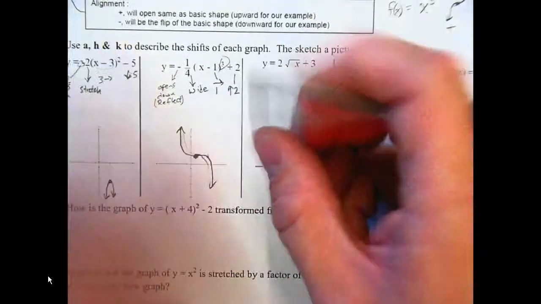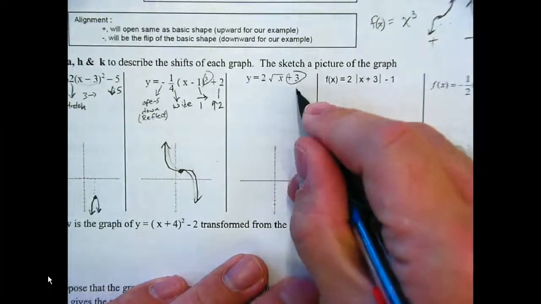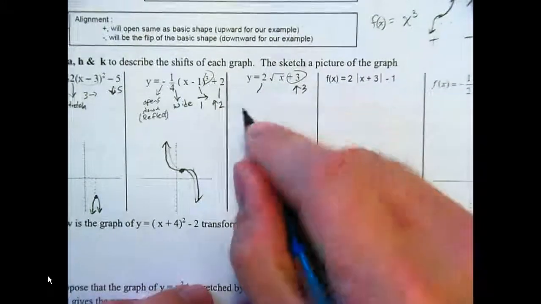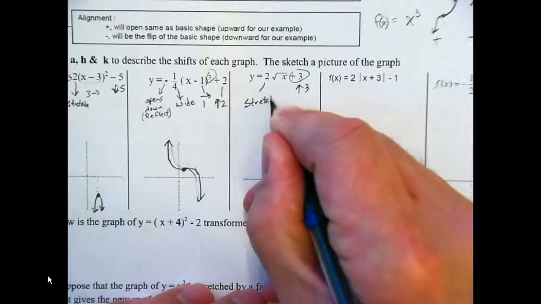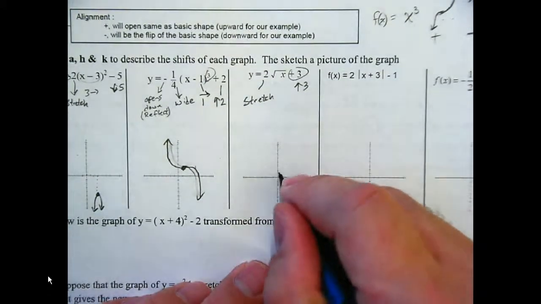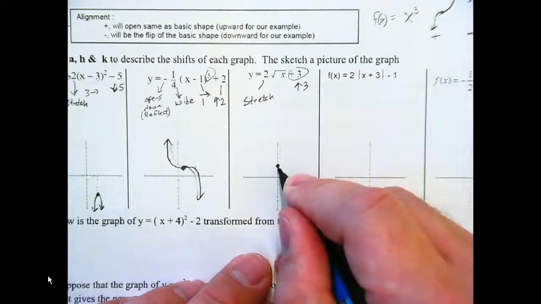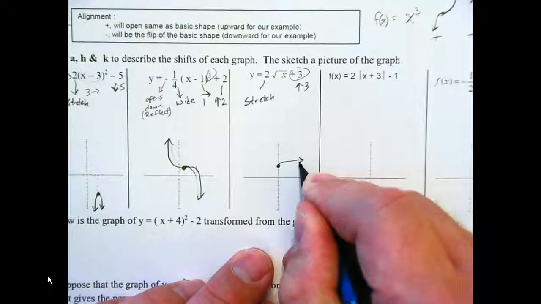All right. Okay. Hey, what happens here? It goes up 3. What happens here? Stretch. Okay, so we're right there. We don't move horizontally, and it's a stretch. So in a stretch, we go really fast this way.